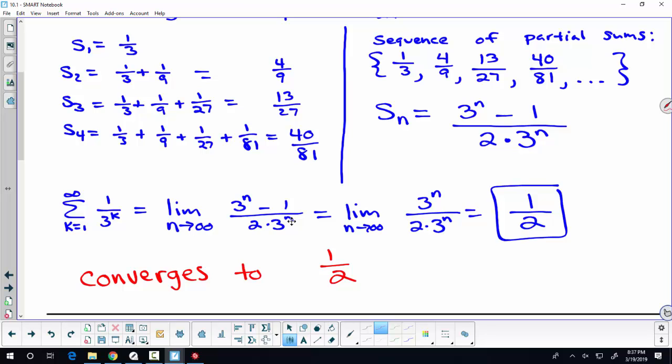What has to do with the sum is when we looked at the limit of the sum. The limit of the sum is the sum of the series. If you just look at the limit of 1 over 3 to the k, that just tells you what each term approaches as we continue on and on. That makes sense.